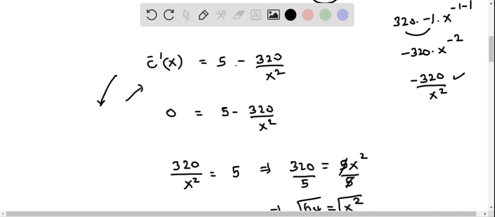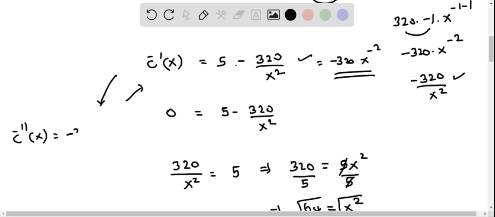So I'm going to find the derivative of the first derivative of the average cost function. So I write c bar double prime of x, and this equals, we find the derivative of this expression. I can write this as negative 320 times x power minus 2. So we have to find the derivative of this one.